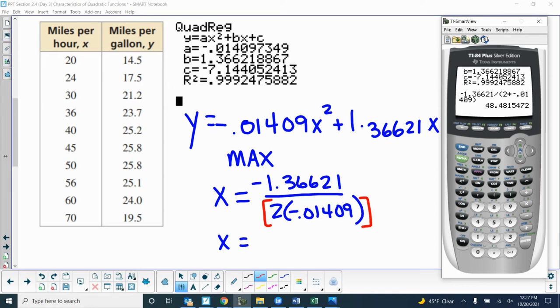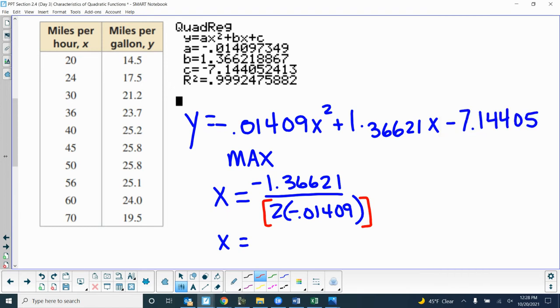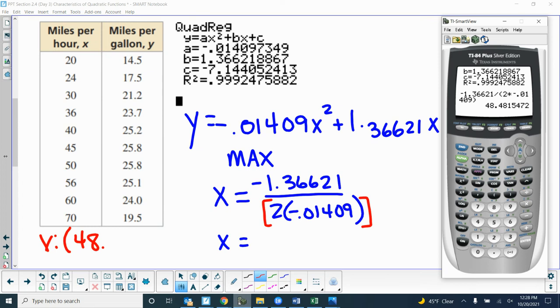So we get 48.48. All right. So my vertex is 48. Let's go again, 5 spots. 48154.